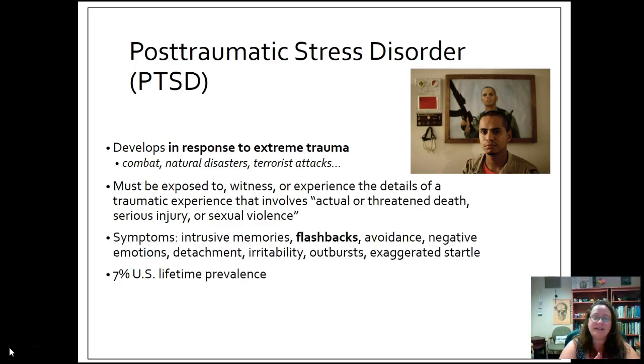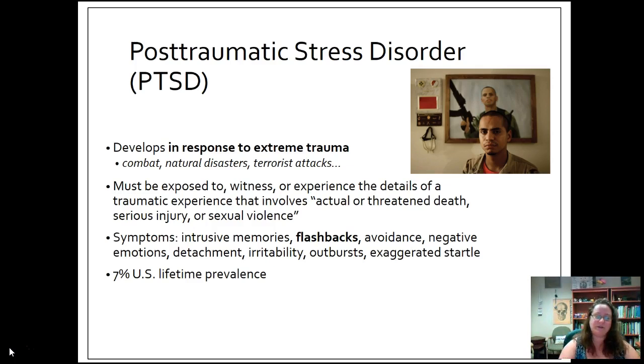For symptoms of PTSD, we see intrusive memories, flashbacks, just kind of reliving this whole experience, feeling like you're there again, avoiding. We see things like the exaggerated startle response, so we call this hypervigilance, but someone might just come up behind them, and instead of just being like, oh, they might be like, oh, goodness, it's very exaggerated.